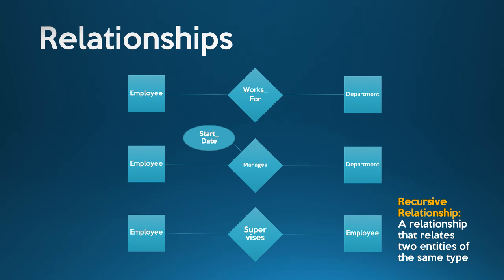Then the next one is an employee manages a department. So like I said before, you can have more than one relationship between two entities. So if an employee manages a department, then you would have to do another one of these. I know some of these things are going to overlap, so it'll be a bit messy, but just so you get the idea, you'll have another relationship here, right? And another connection to it. So this will be manages, right?